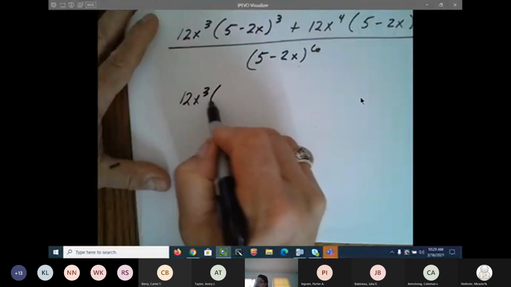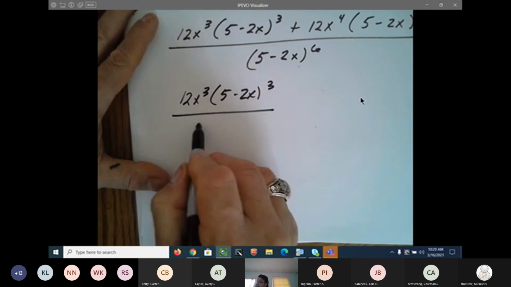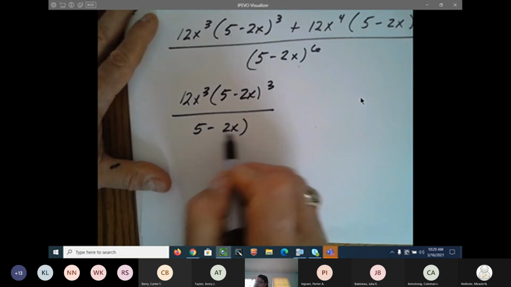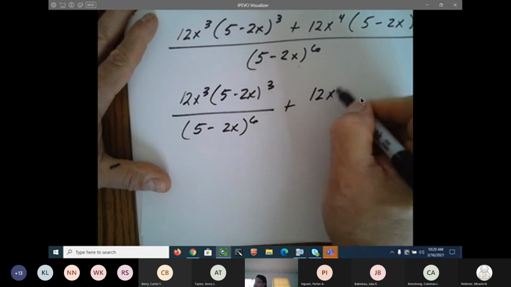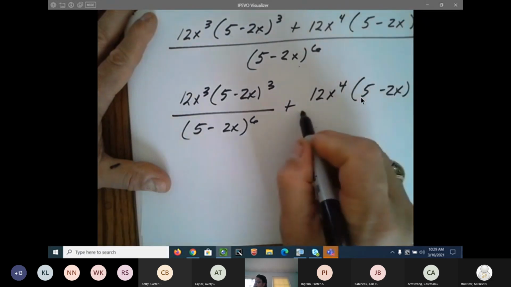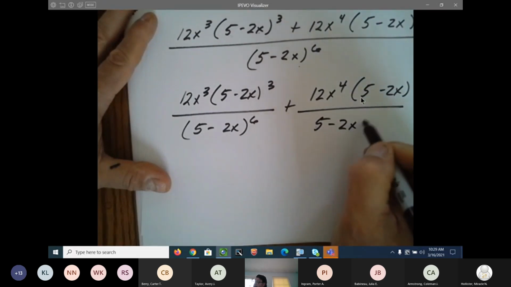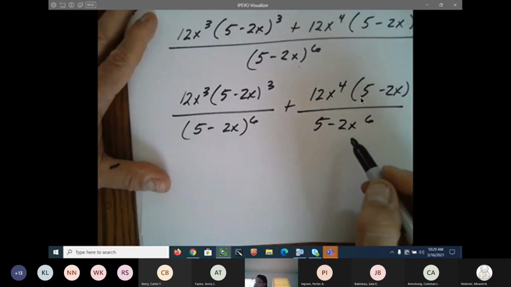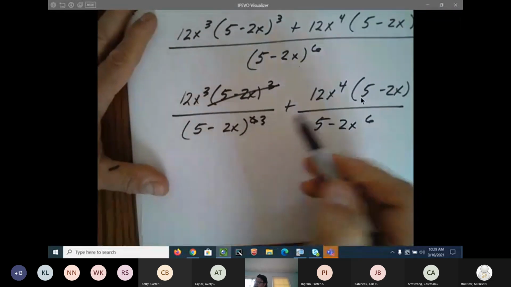12x cubed times 5 minus 2x to the third power over 5 minus 2x to the sixth power plus 12x to the fourth times 5 minus 2x to the first power over 5 minus 2x to the sixth power. And that's going to knock that out and make that a third.